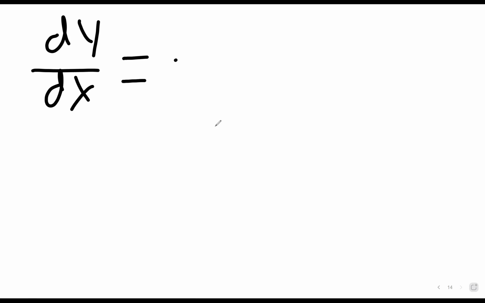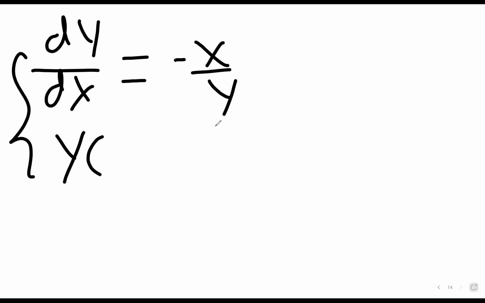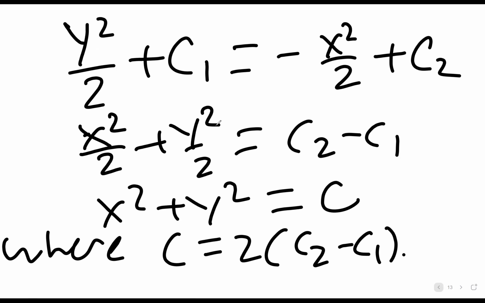For example, if I consider the same differential equation, dy/dx equals minus x over y, and then I add additional information, let's say when x equals 0, y(0) equals 1, then you may find the value of c here.